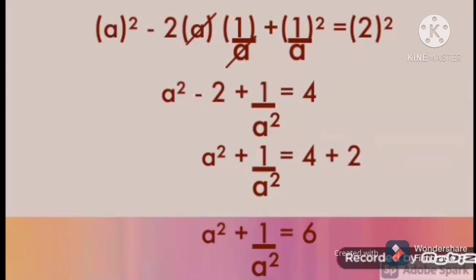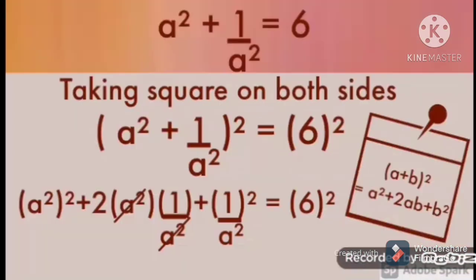Now to solve the other part of question number 11, we will take the square of a square plus 1 by a square is equal to 6. After taking square on both sides, we get a square plus 1 by a square whole square is equal to 6 square. As there is a positive sign now, we will use the identity a plus b whole square.